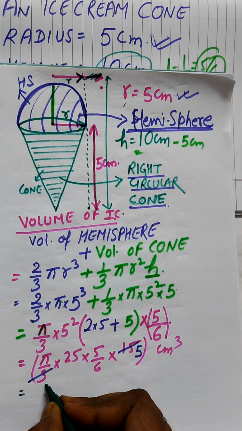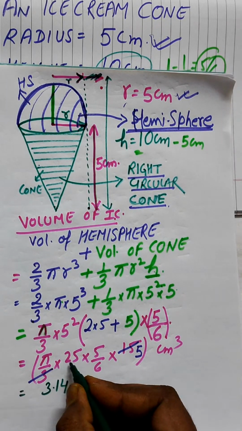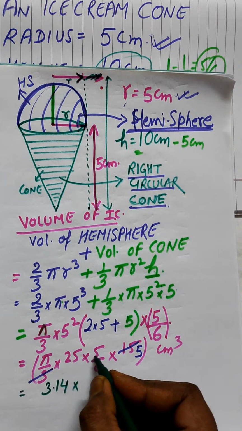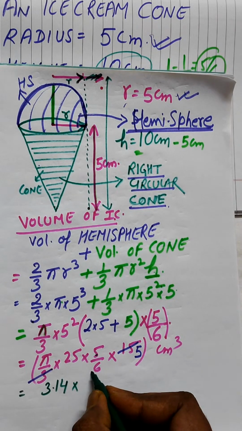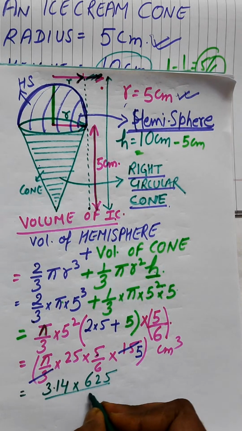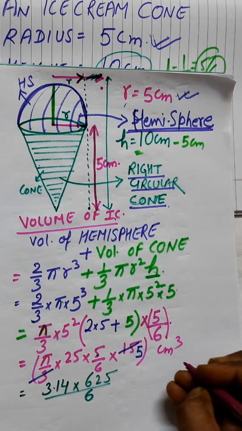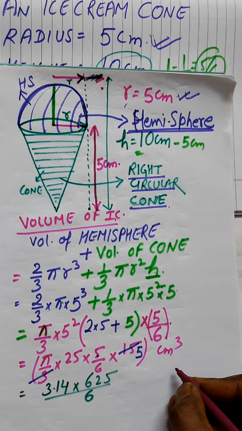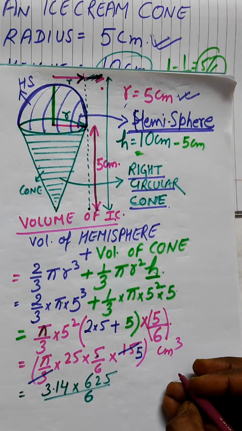So it will be coming as pi is 3.14, right, into 25 into 5 is 125, into 5 is 625, 625, right, by 6, right? So this will be coming as 3.14 into 625.